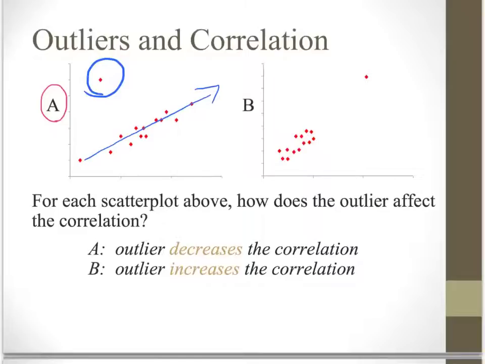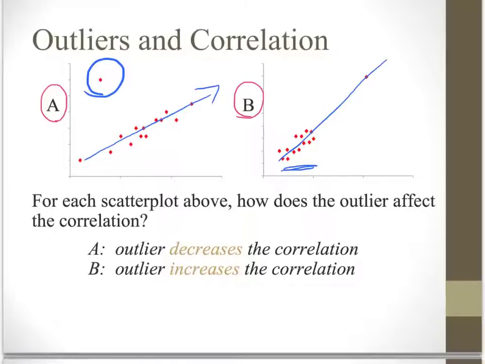But then if we look over here at B, what we have without the outlier up there is a linear relationship, but it's not as strong as it is when we add that outlier up there, because that kind of pulls it to a specific line, and it has the effect of making it feel like there's that strong a relationship down in this part.